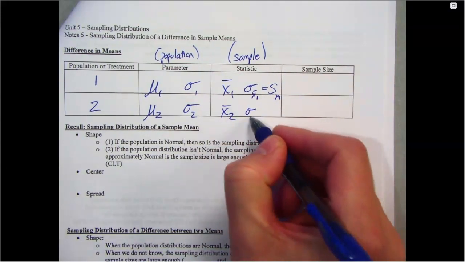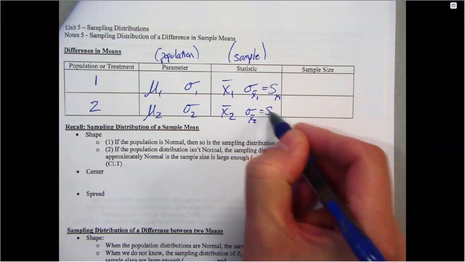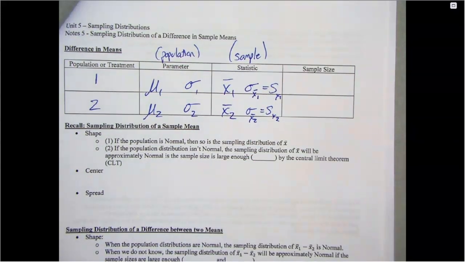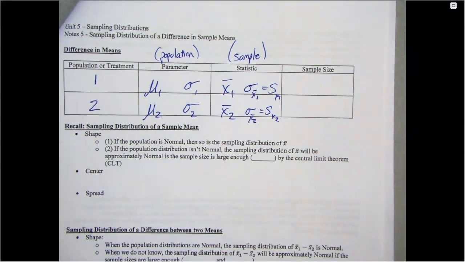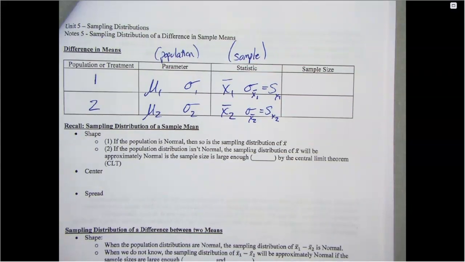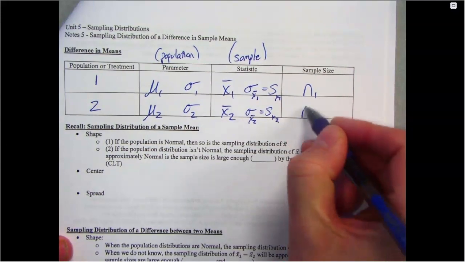So it could be sigma X bar 2 or S X 2. Yeah. But if you just put it, it wouldn't be like a big deal. And then the sample size, it's just going to be N1 and N2.